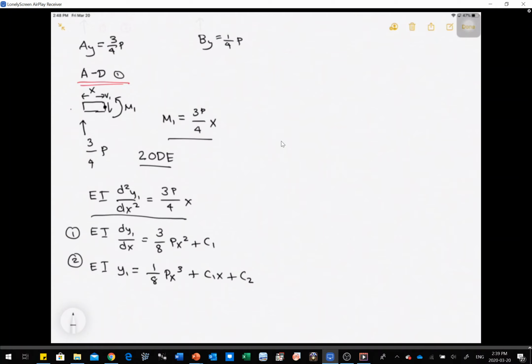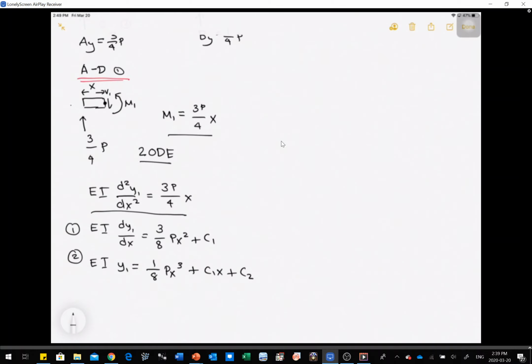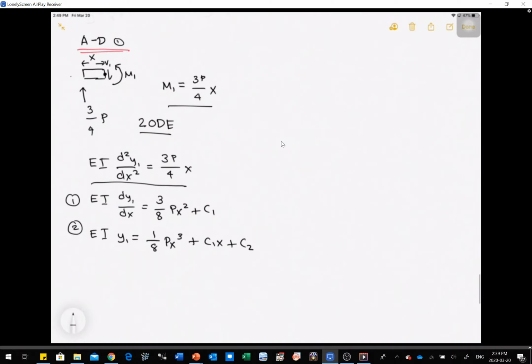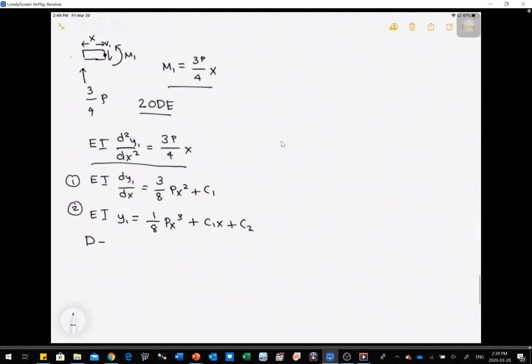Now we can take C1 and C2 and apply boundary conditions, but before we do that, let's look at our second section, which is section 2, right here. For section 2, we are looking at D to point B. I'm just going to highlight this so that we can divide the two sections here.